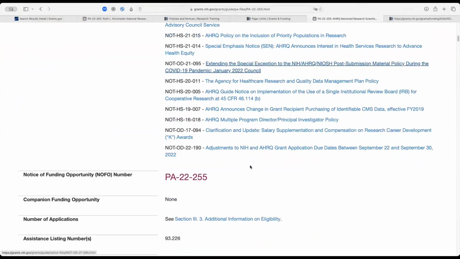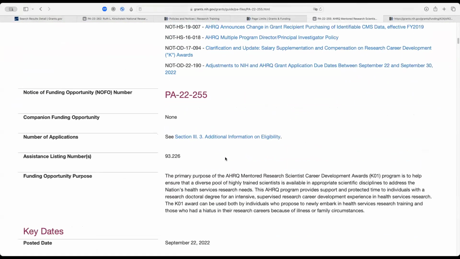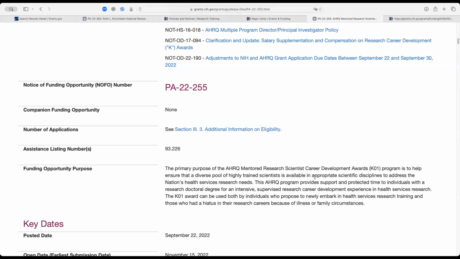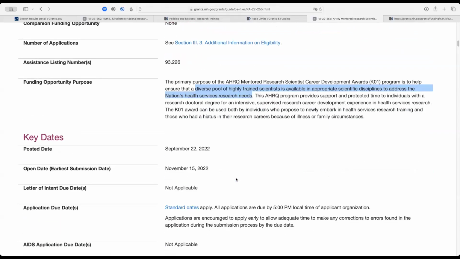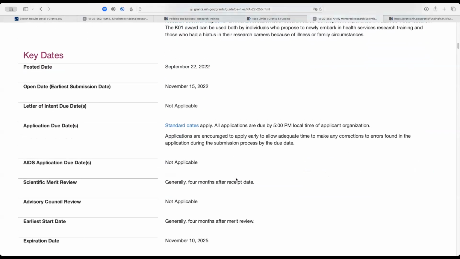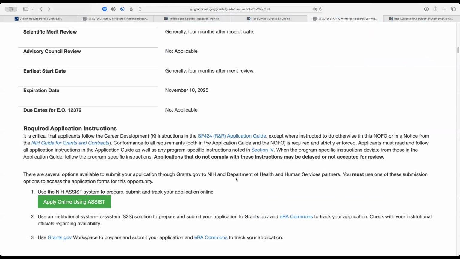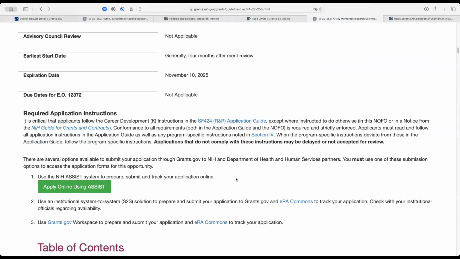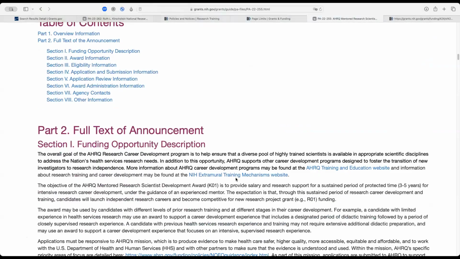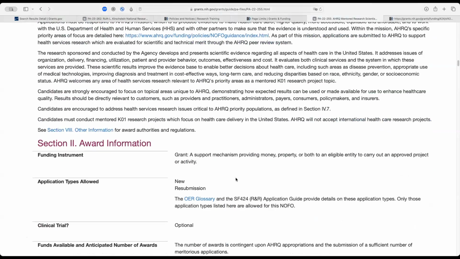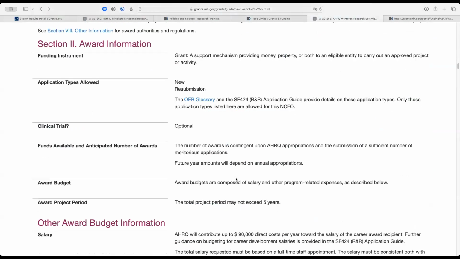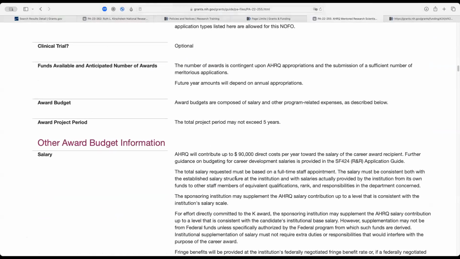And we see that we have lots of details. We can look into it and ensure a diverse pool of highly trained scientists. Awesome. So this is a very broad bucket. And we have a detailed description, talks about the details for what you submit.